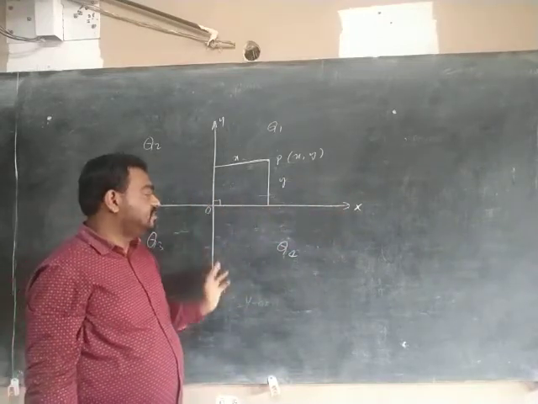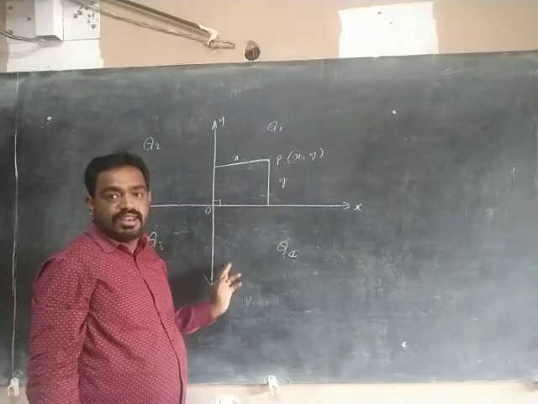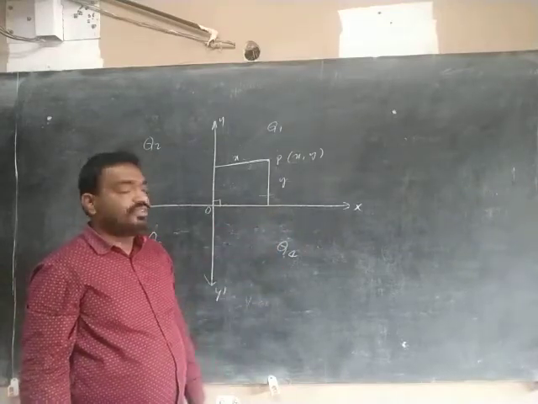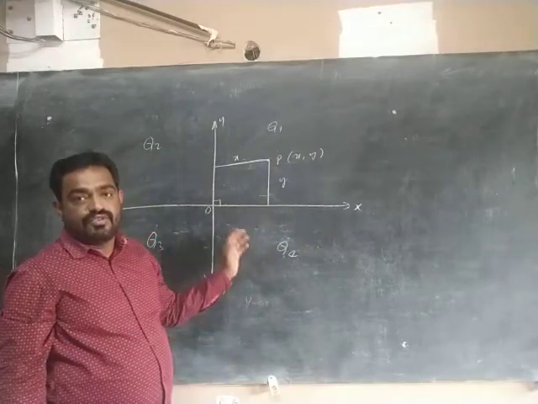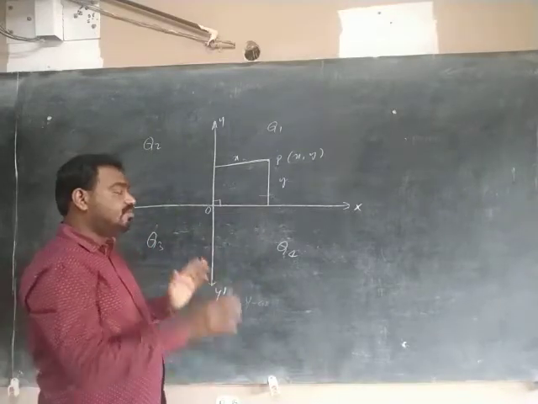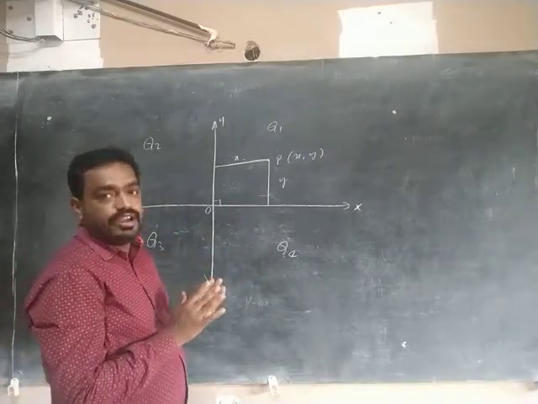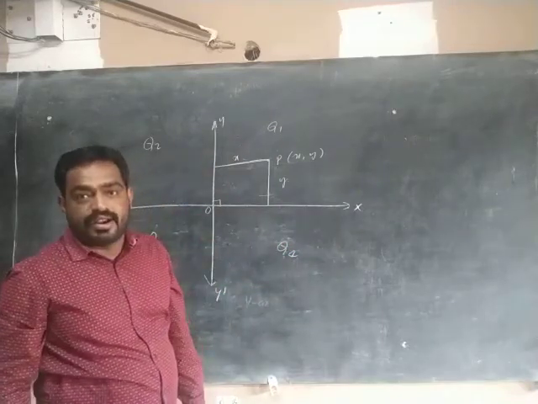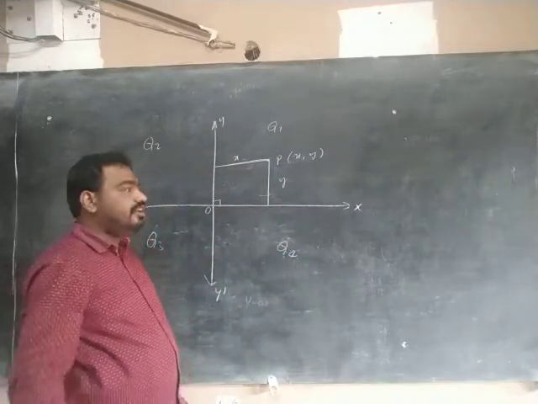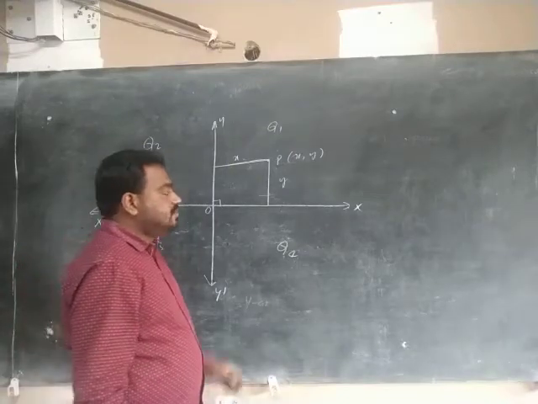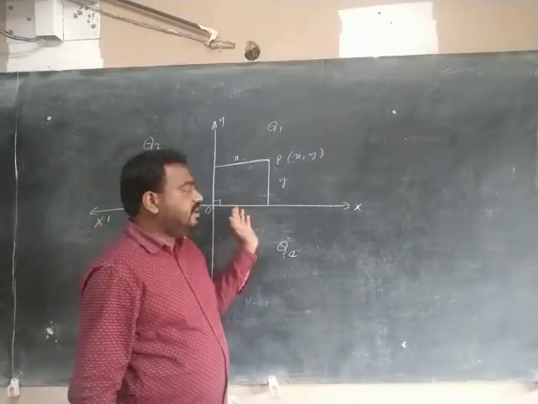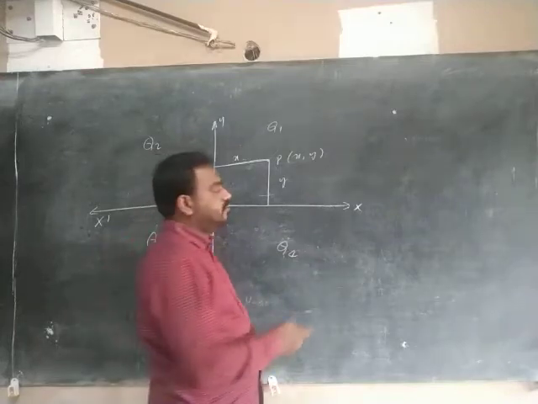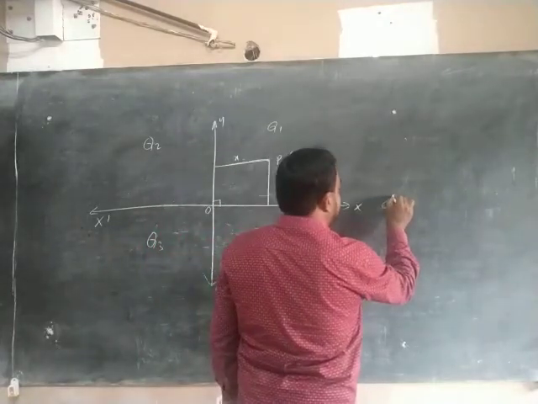Okay, so now you got a clear idea about quadrants, right? Now you see, the angle on the x-axis, the straight line angle here, I'm taking as 0 degrees.